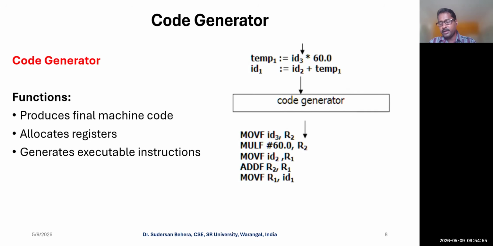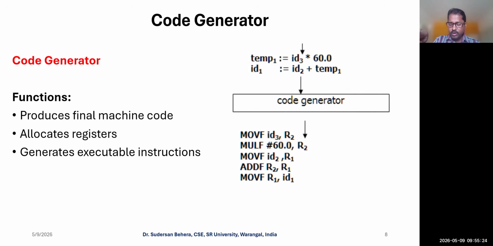Then MULF 60.0, R2. What is the expression? Temp1 equals id3 times 60.0. id3 is nothing but an identifier which is getting multiplied by 60.0. So first store that identifier in a register, then multiply it by the value 60.0.